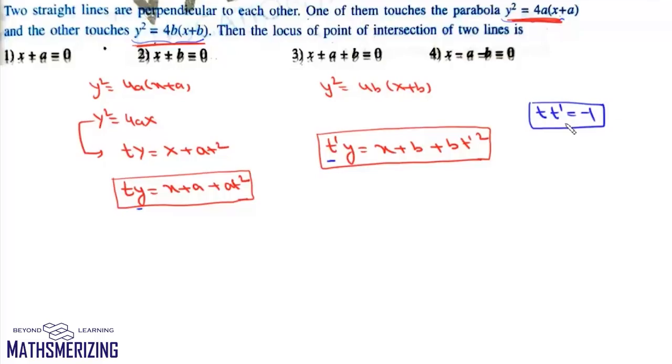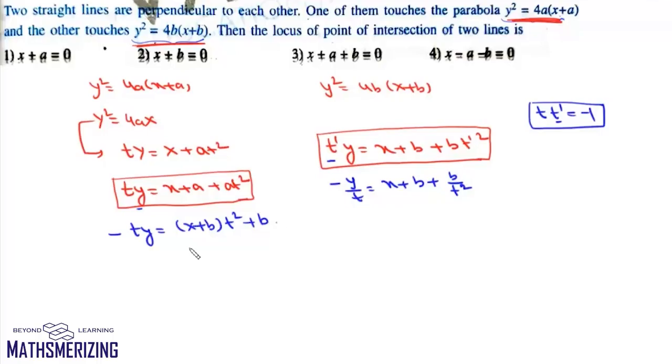So first what I'll do is I'll replace t dash with minus 1 upon t. So I'll get minus y upon t equals x plus b upon t square. So we can write this as minus ty equals x plus b into t square and then plus b.